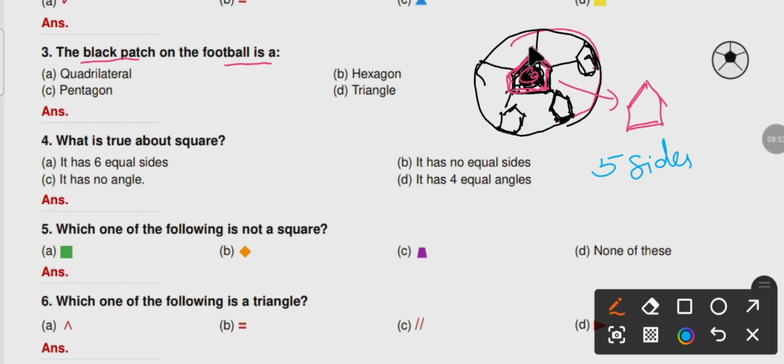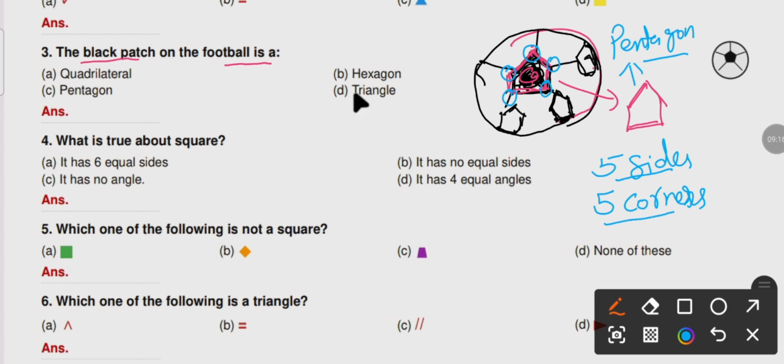And how many corners? 1, 2, 3, 4, 5. 5 corners. So the shape is a pentagon. Why? Because it has 5 sides and 5 corners. So that is a pentagon. So which option is right? C option is the right option, pentagon.